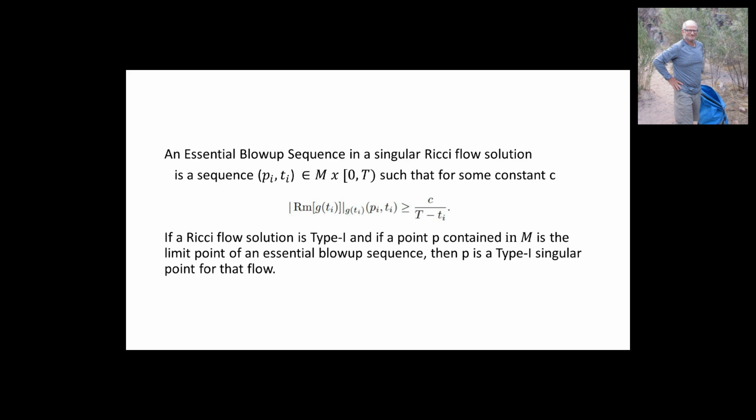Then we say that if a Ricci flow solution is type 1, and if a point P contained in the manifold is a limit point of such a blowup sequence, then P is a type 1 singular point for that particular flow.